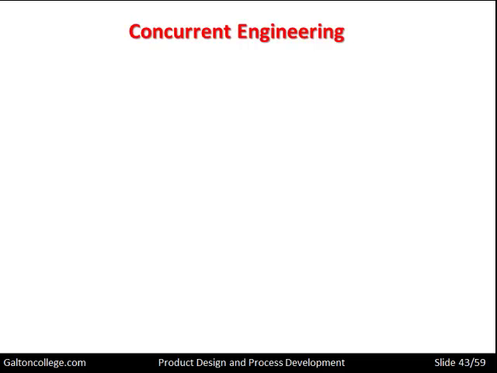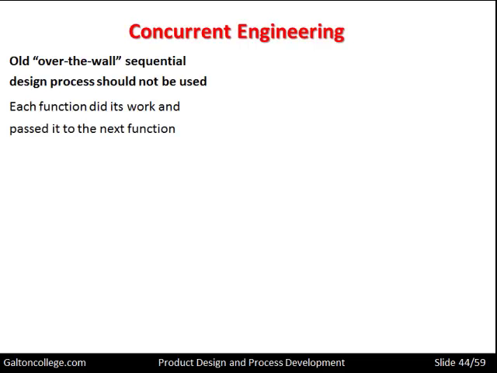There's also concurrent engineering. Well, the so-called over-the-wall sequential design processes should not be used. Ideally, that was a great idea of the past. We make the product in sequential steps, and even though I say it should not be used, it still is widely used.